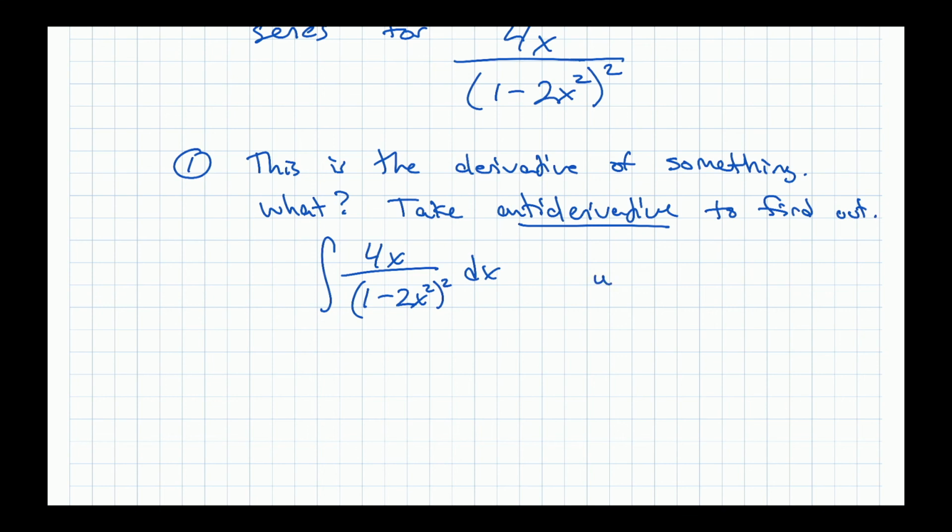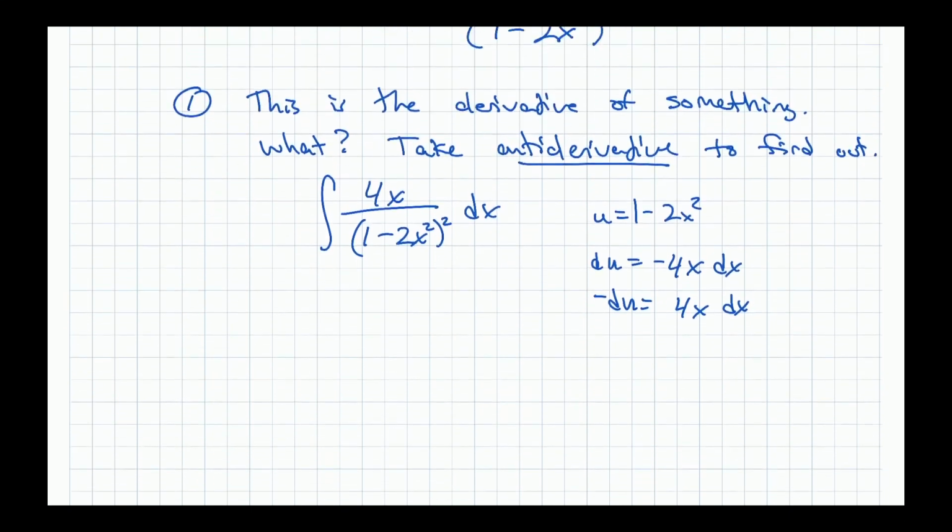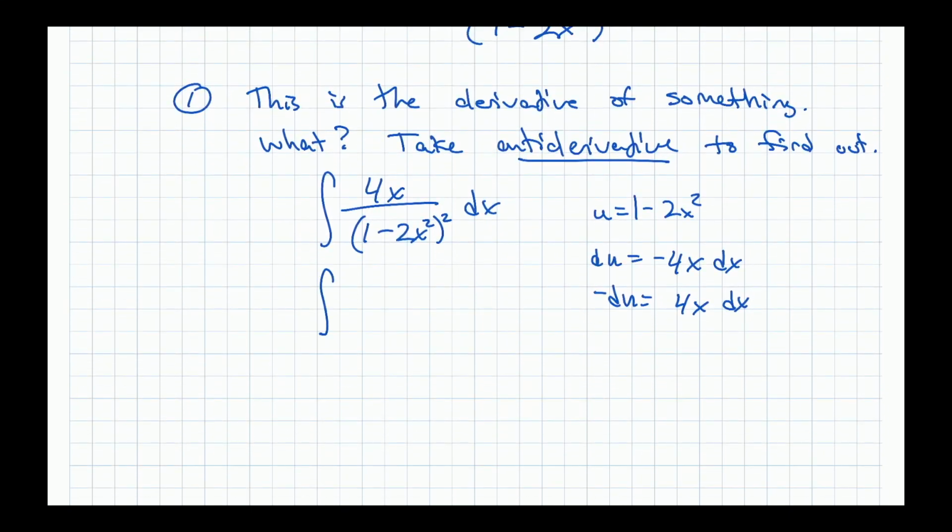You'd have to do this with the u substitution. I'm going to do it quickly. u is 1 minus 2x squared. du is negative 4x dx. So, actually no, just negative du is what I want, that's all. Negative du is 4x dx. So I put that into what I have here. It's the integral of 4x dx, which is negative du on top. On the bottom, it looks like u squared.